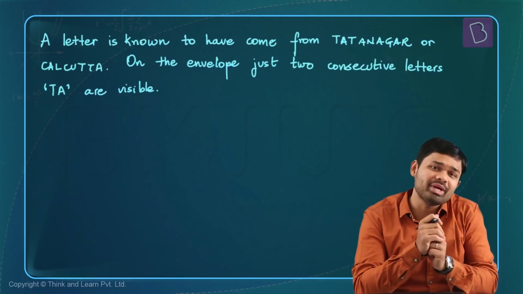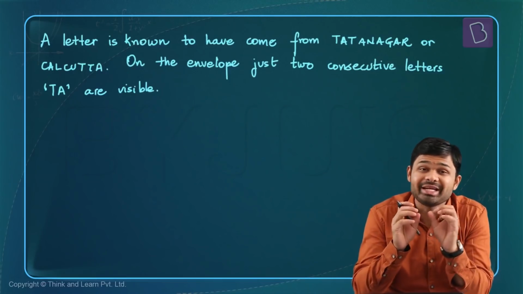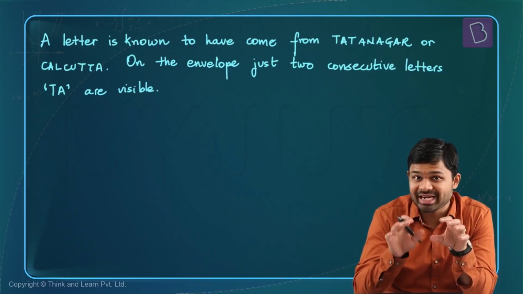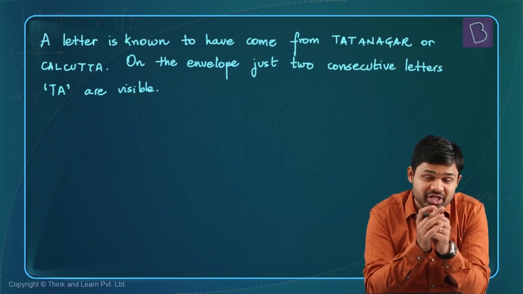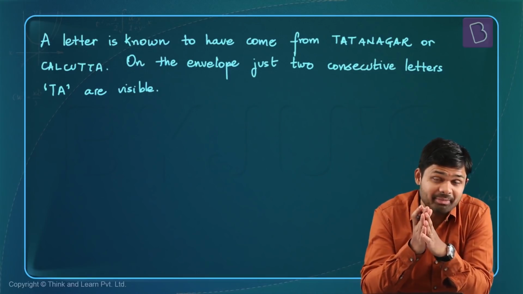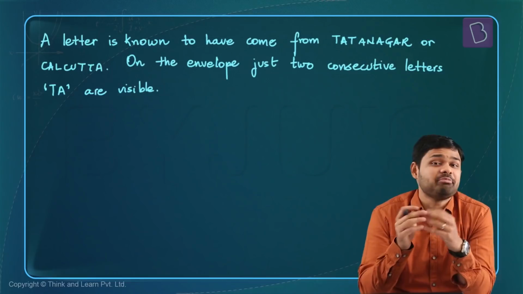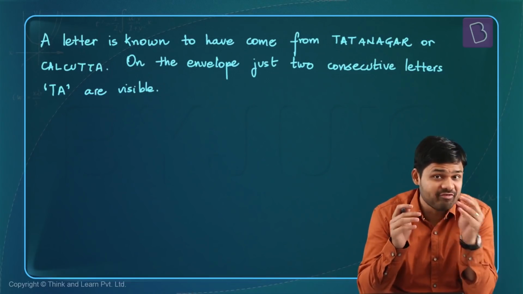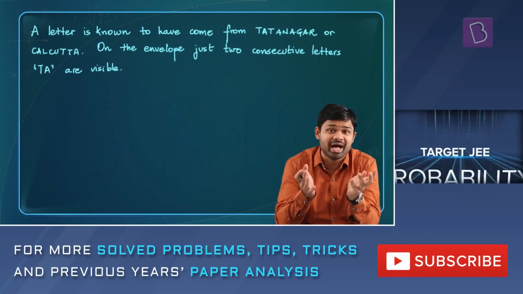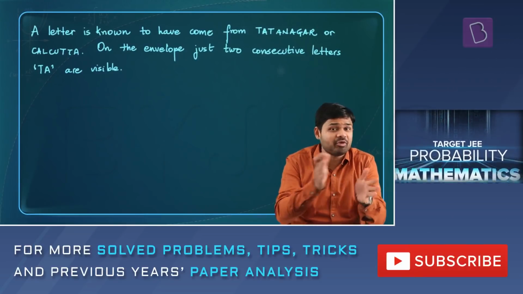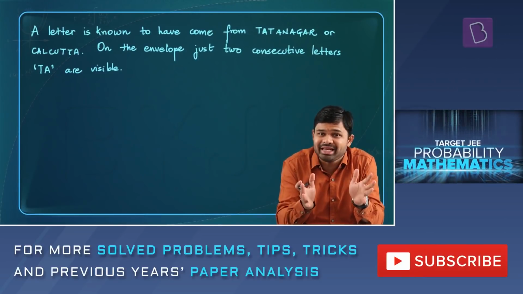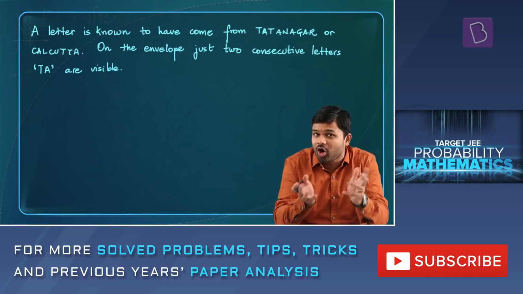But let me show how it is done. If we did not have this piece of information that T and A, 2 consecutive letters, are visible on the envelope, then we know that the probability that the letter would have arrived from Tatanagar or Calcutta would have been half, because we know that it has arrived from one of these cities. So it would have been equally likely that it would have come from Calcutta or Tatanagar.